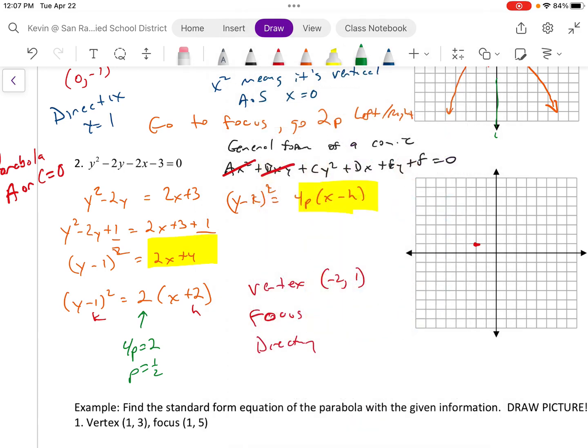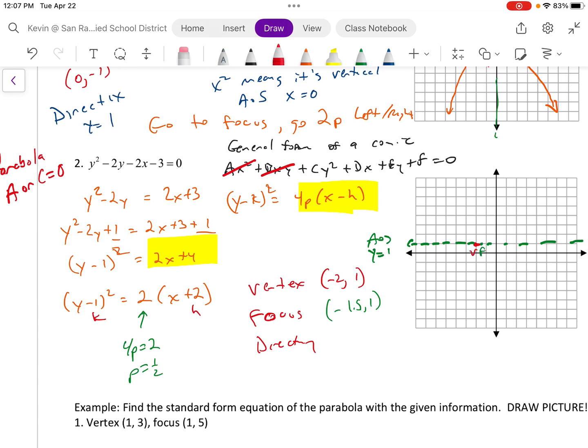Since this is y squared, it's going to be horizontal. Right, so my axis of symmetry, oops. Now my directrix, this is my AOS, which is y equals 1.